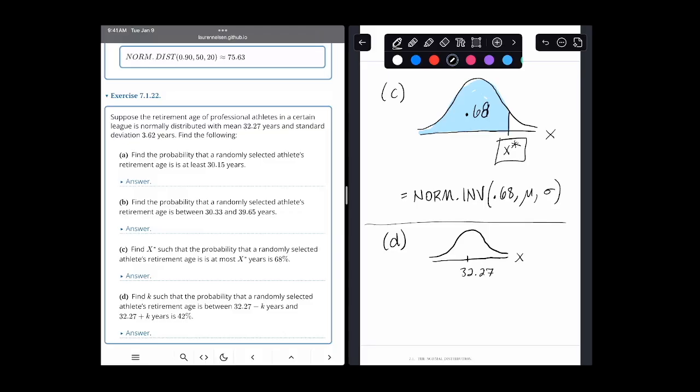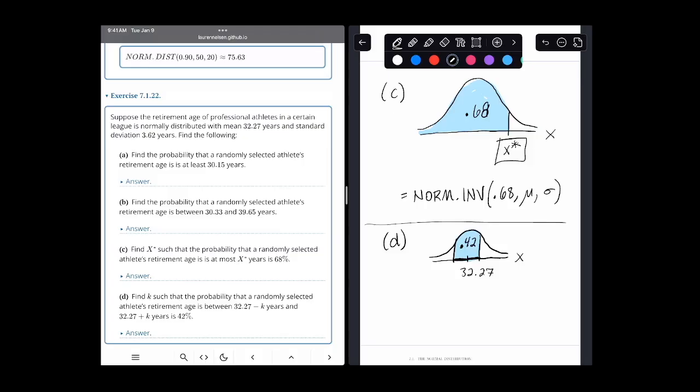What this is saying is if you add and subtract K from that mean, this should be symmetric. It doesn't look symmetric in my picture, but if I go up and down by some K, and this probability is 0.42 or 42%, I want to know how far up and down I went to get 42% of the data.